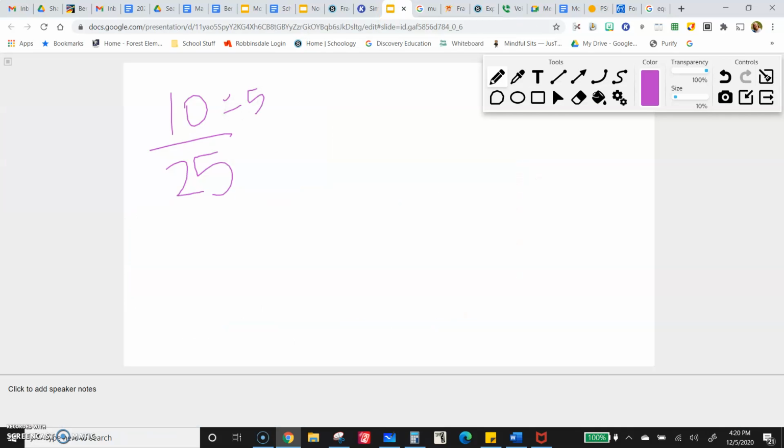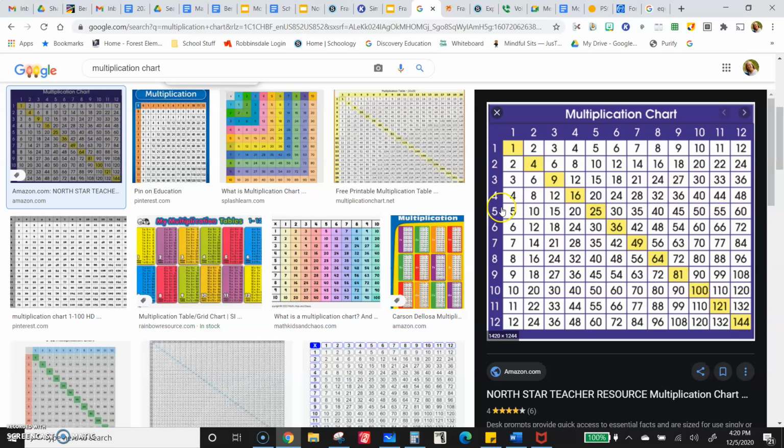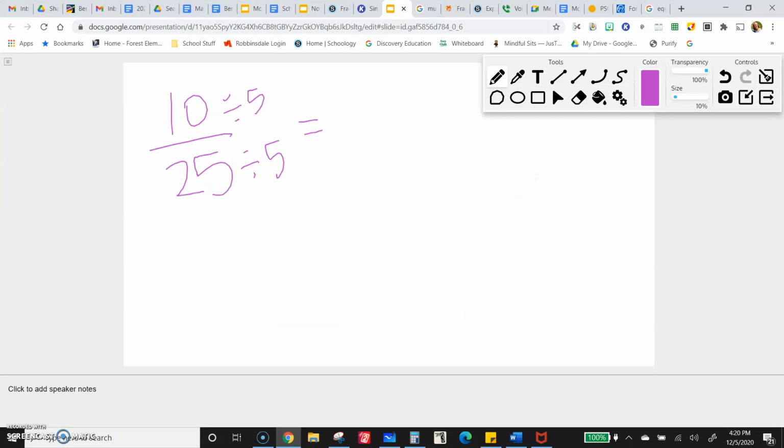Divided by 5. Divided by 5. 10 divided by 5. Well, I know that 5 times 2 is 10. So it's going to be 2. 25 divided by 5. Well, I know 5 times 5 is 25. So then 2/5 is simplified.